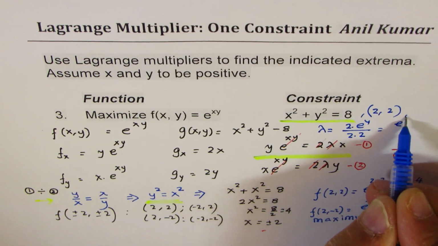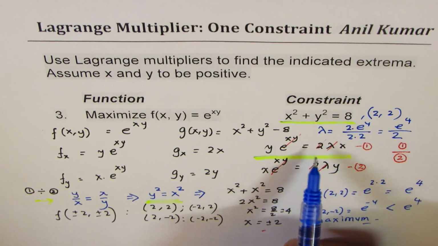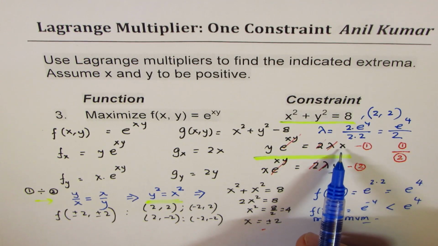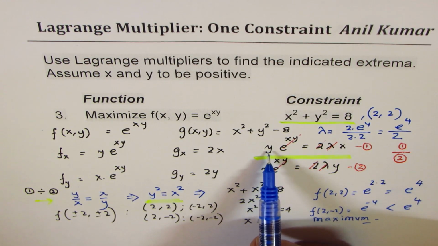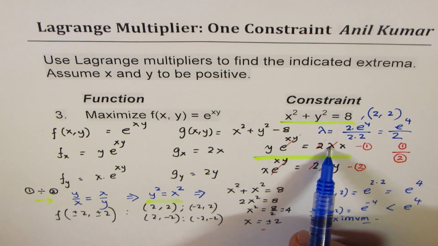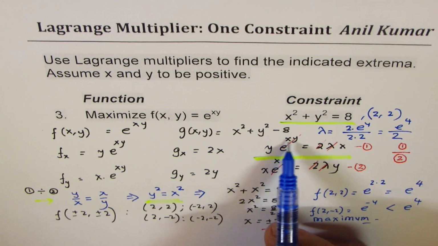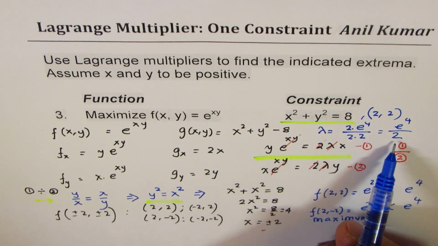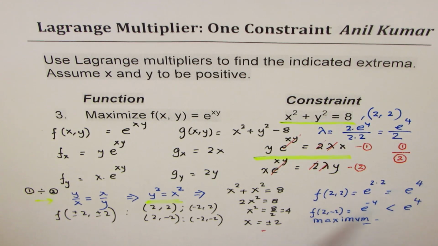That gives us e to the power of 4 over 2, correct? If I substitute x as 2 and y also as 2, this 2 and 2 cancel, and 2 times 2 is 4, so we get lambda equals e to the power of xy over 2. So that becomes the value of lambda, the multiplier.